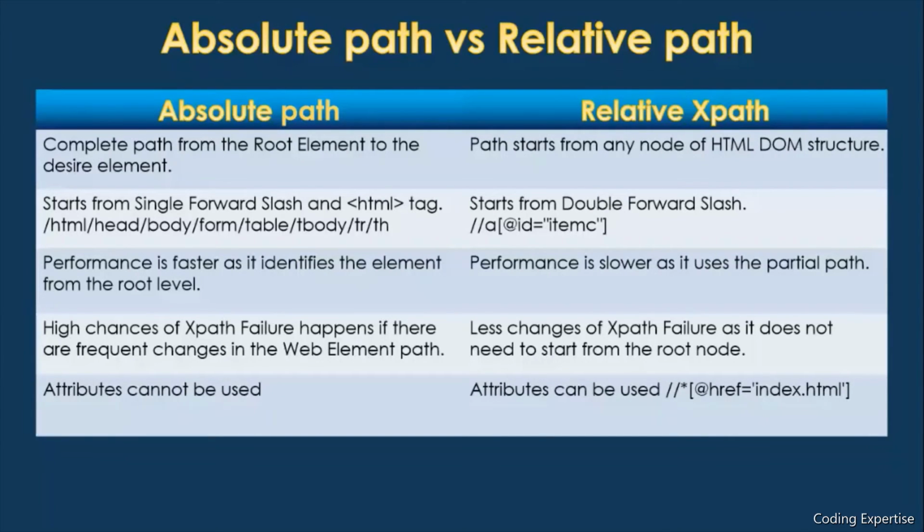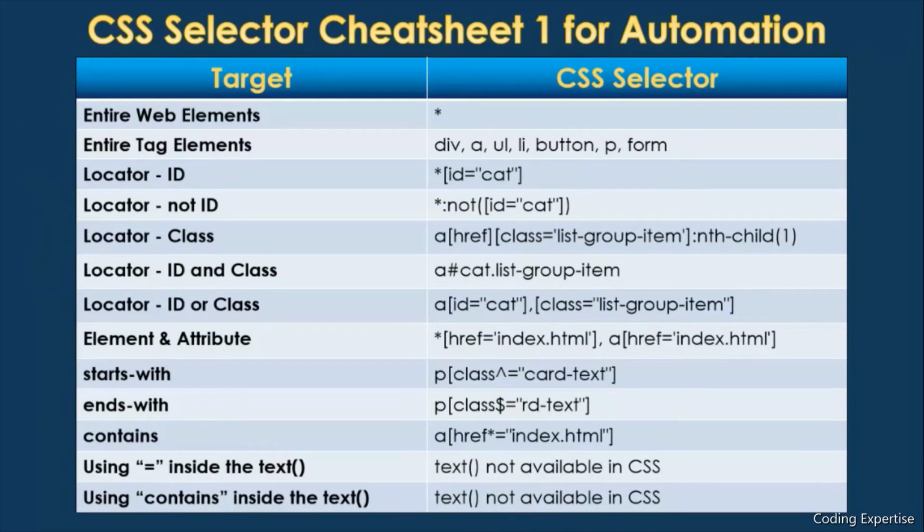Okay, let's move on. As I covered the cheat sheet for XPath, I also covered it for CSS Selector as well. As I mentioned, there are various ways in CSS Selector in which you can locate an element: finding all the elements, finding the tag elements using locators, class name, the combinations, element and the attribute, starts with, ends with, contains, right?